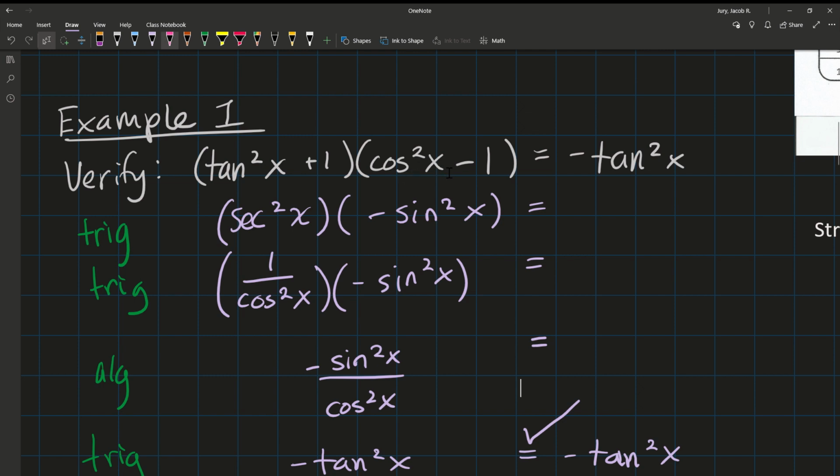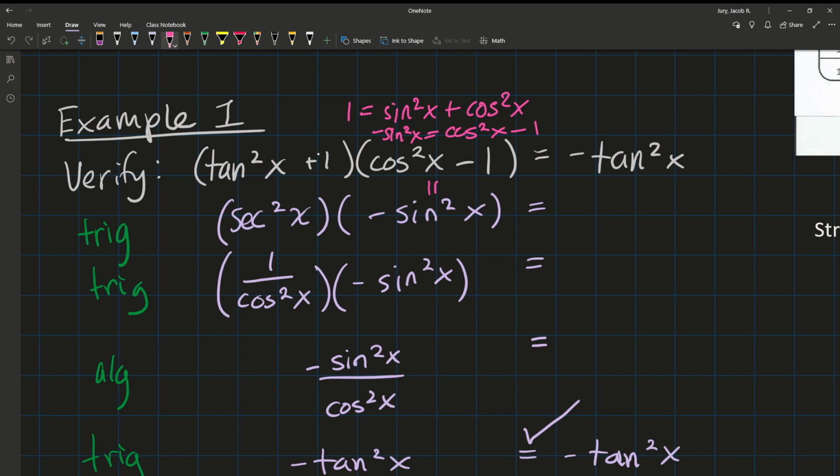I know that 1 equals sine squared x plus cosine squared x, and I can subtract 1 to this side, so I get cosine squared x minus 1, and that'll equal negative sine squared x. So I can shift the identity that I already know around so I can use it and substitute for it. So because these two things are equal, I can substitute one for the other.